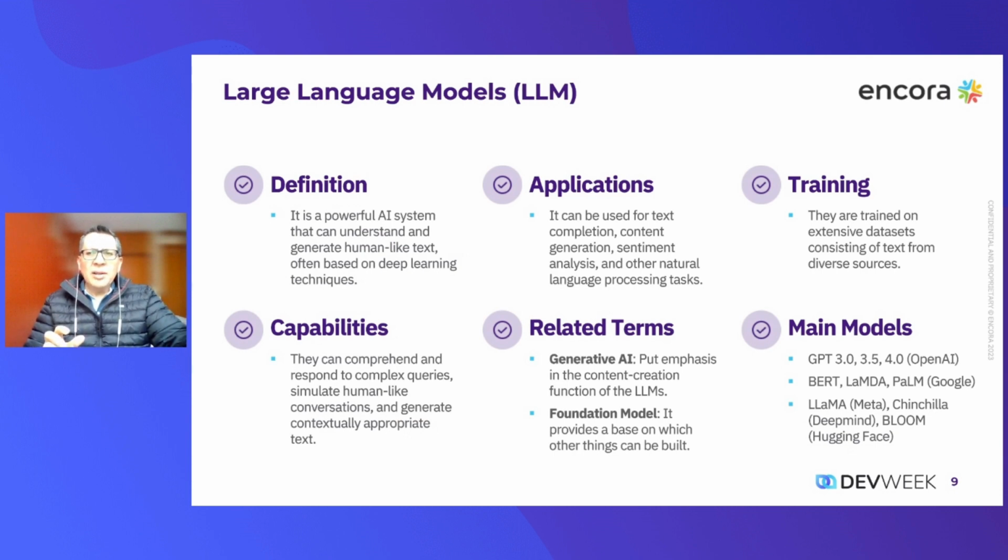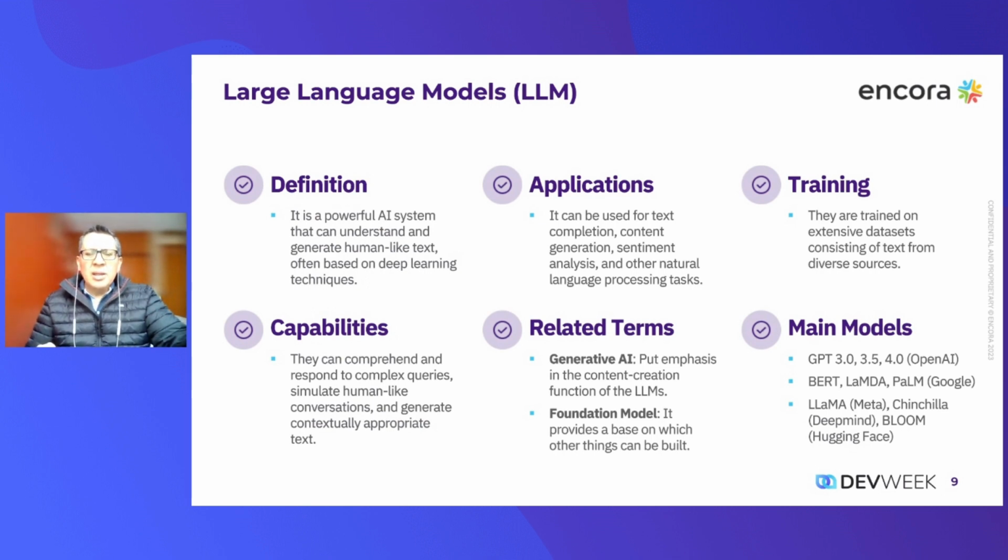These models are trained on extensive data sets consisting of text from diverse sources like the internet, Wikipedia, GitHub, code bases, for example. These models can understand complex queries, simulate human-like conversations, and generate appropriate text.